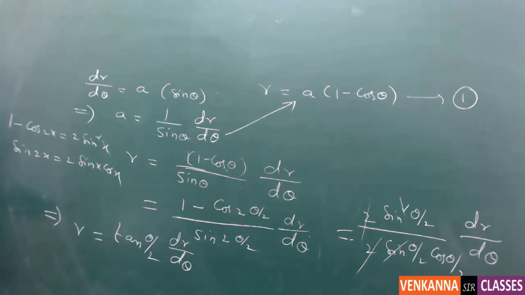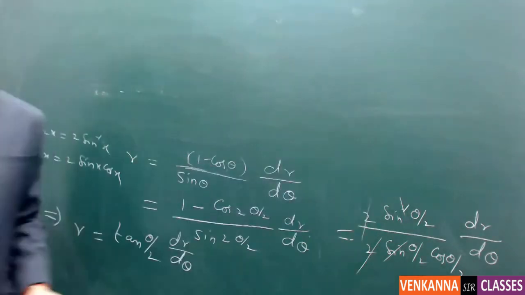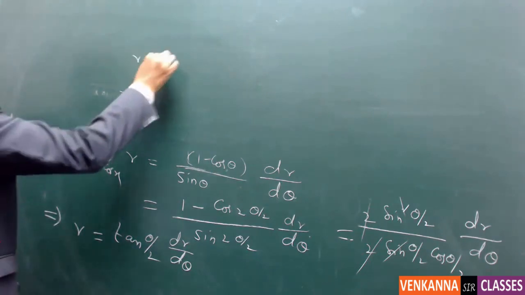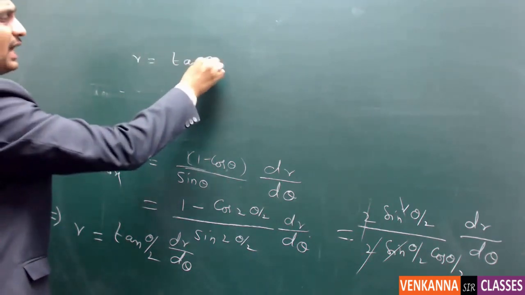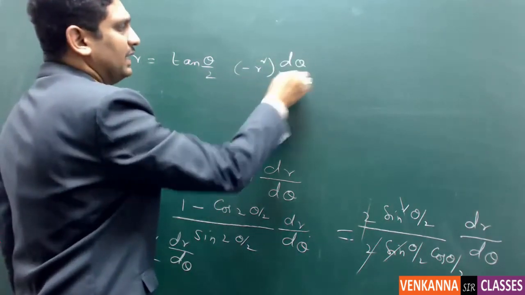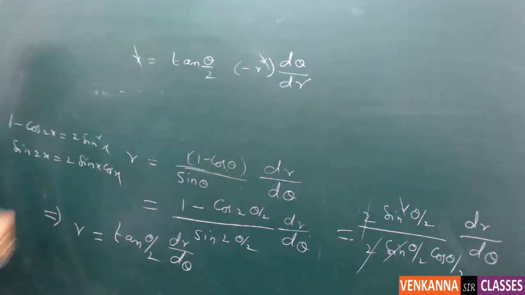Now we go for the replacement to get the orthogonal trajectory. So if you replace, r is equal to tan theta by 2 into minus r square d theta by dr, r square gets cancelled. So we have to do the variable separable.